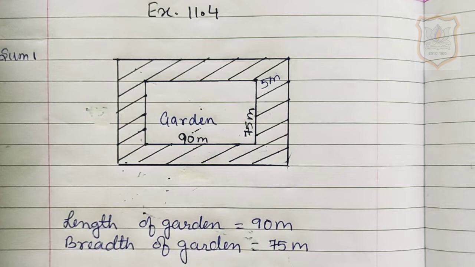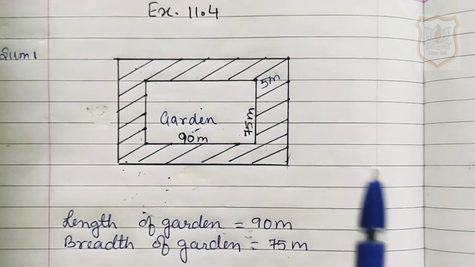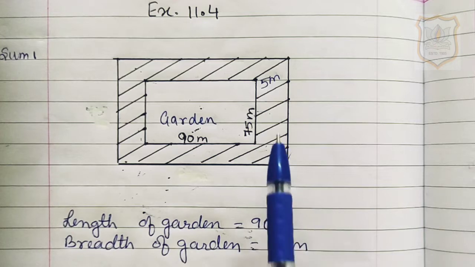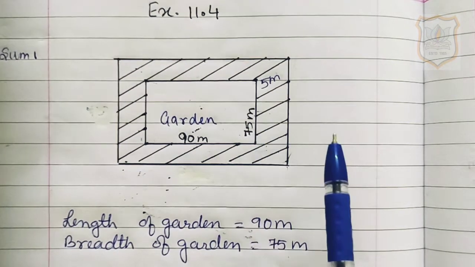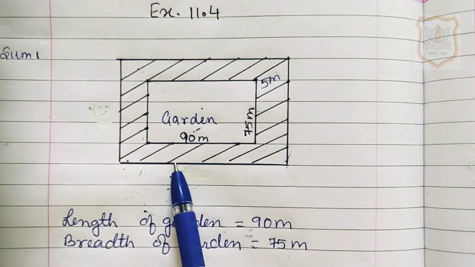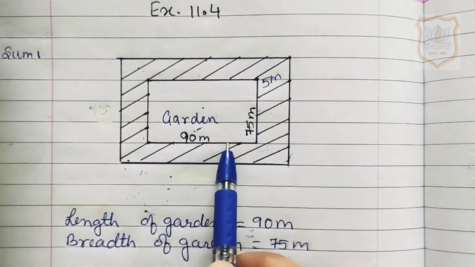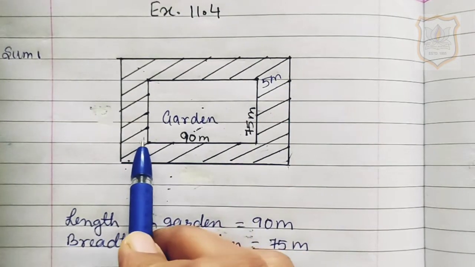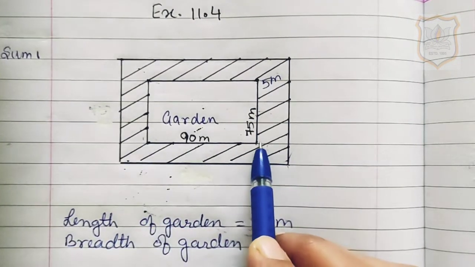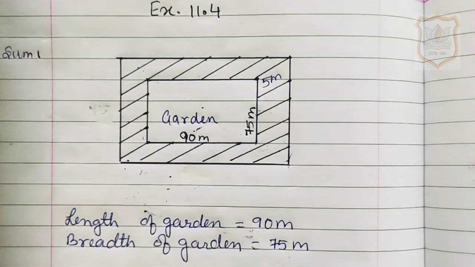Now students, we have to find out the area of the garden including the path. So first we will find out the length and breadth of the garden including the path. Here students, you can see that this much is 90 meter and this much space is 5 meter and this much space is also 5 meter.